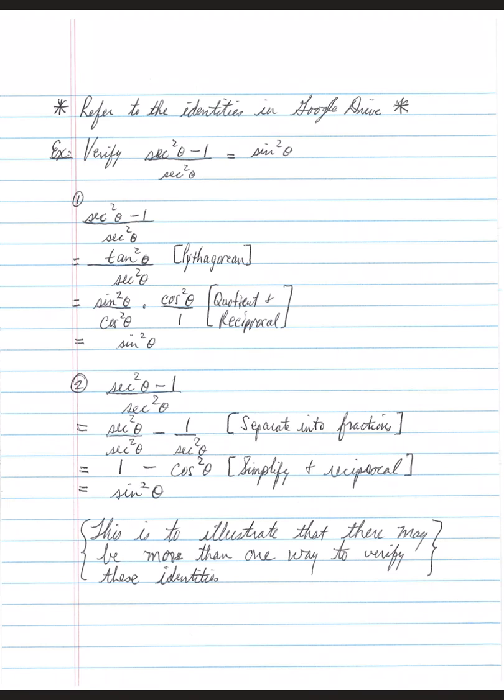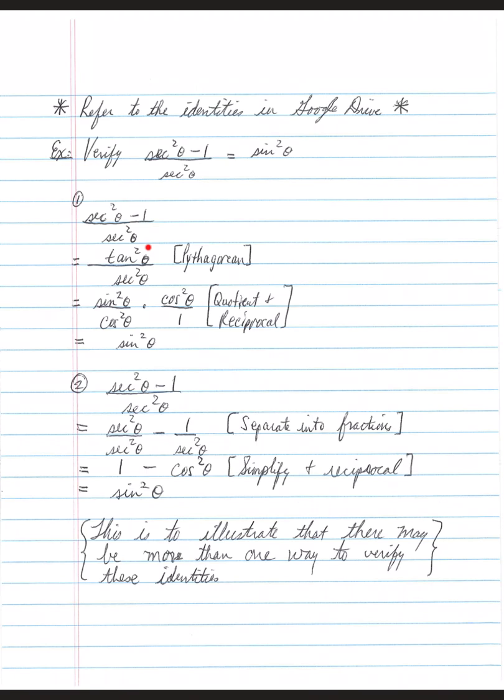If you subtract 1 on both sides, then tan squared can be used to replace secant squared theta minus 1. Again, in the Pythagorean identities, find the one that's 1 plus tangent squared theta and rewrite it from secant squared minus 1.